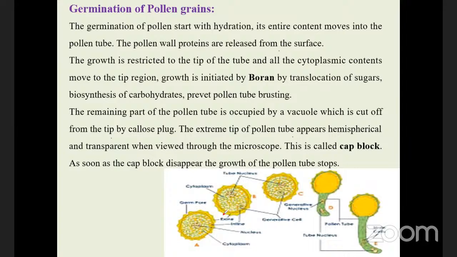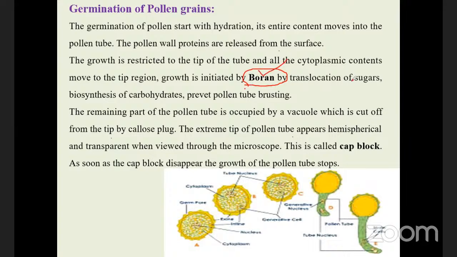Whenever the pollen starts hydration, with water, the entire content is moved into the pollen tube, and the pollen starts growing. One important question they ask in competitive exams: the pollen tube germination depends upon which element?